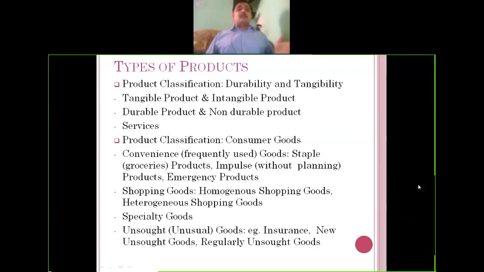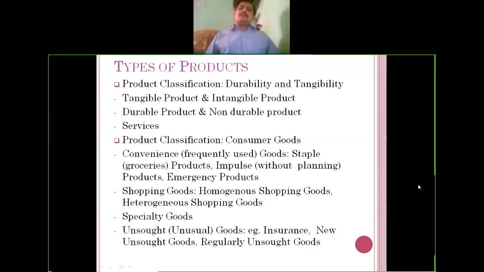Correct? Because they would like to visit many of the places in one go. So how do the packages look? Correct? So it is going to be considered a regularly unsought good.